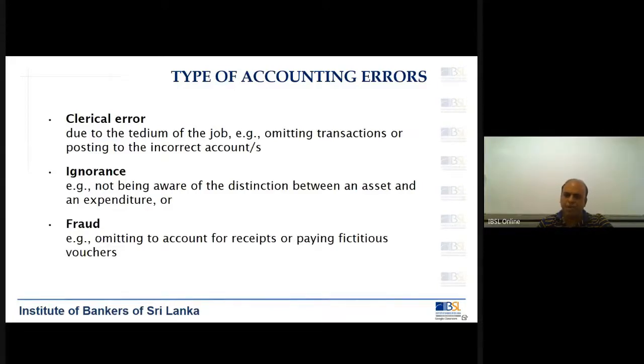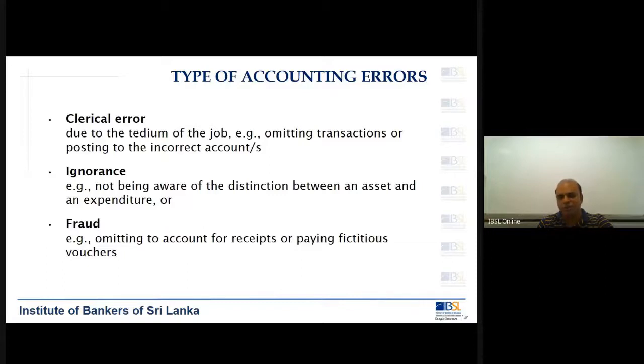You have received an income, but you have not taken it into your accounts. You have just put aside or hidden those transactions. Sometimes what happens, you pay for vouchers which are not real, artificially created vouchers. So even when you pay for those type of vouchers, that is known as a fraud.